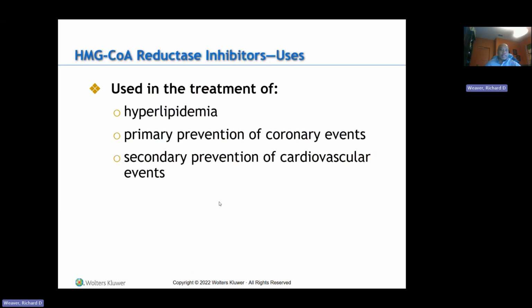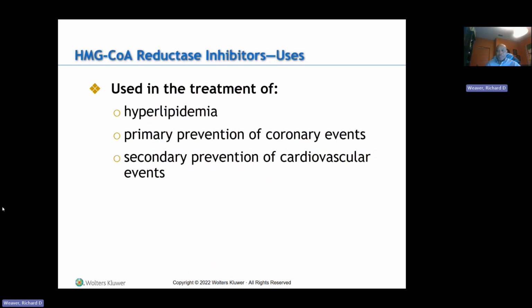All right. Now, statin drugs, along with a diet restricted in saturated fats and cholesterol, are used for treating hyperlipidemia, obviously, and also for primary and secondary prevention. As far as primary prevention of coronary events, you have these patients who have hyperlipidemia but don't have any clinical evidence of coronary artery disease yet.